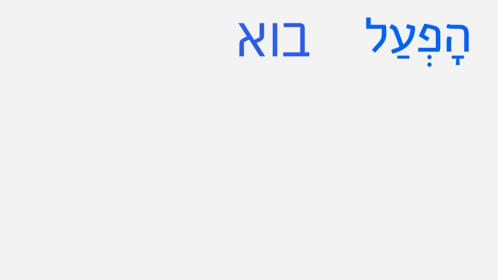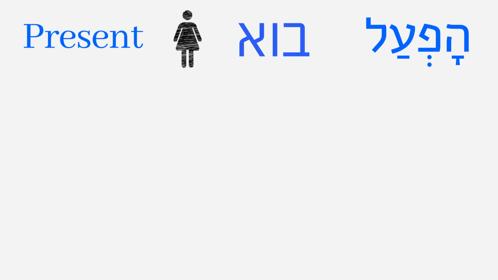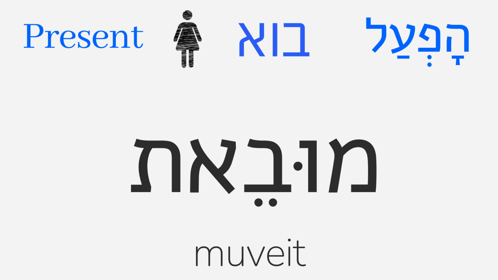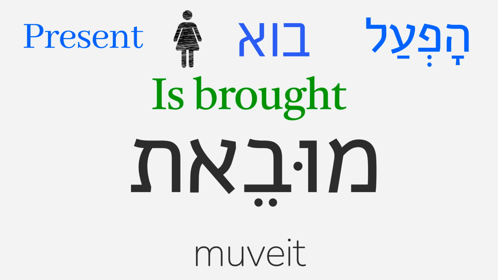The third root letter aleph will make the feminine singular form of the present tense of this Hophal verb irregular. Usually you take the masculine singular form muva, change the last vowel, the kamatz, to a segol, and add another segol and tav. But when the last root letter is aleph, we have no segols and just one tsere. Muvet, is brought, feminine singular.